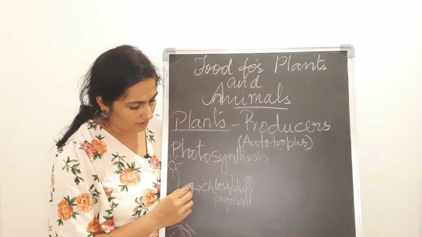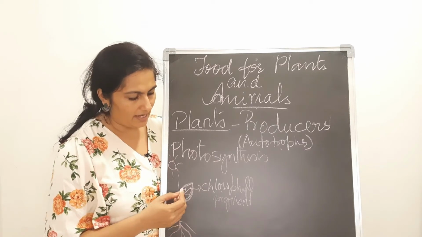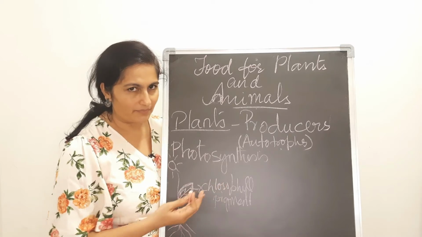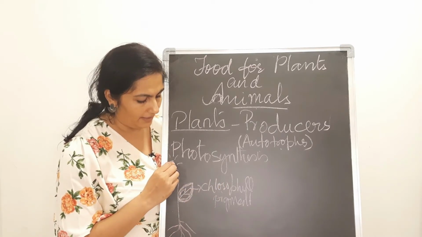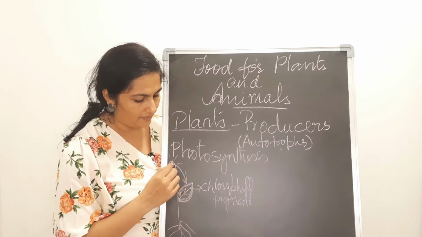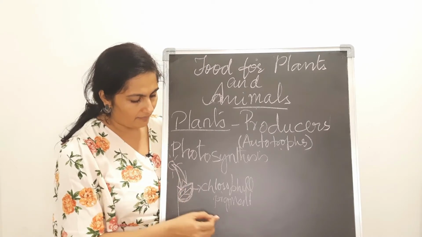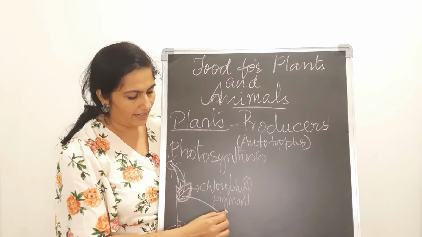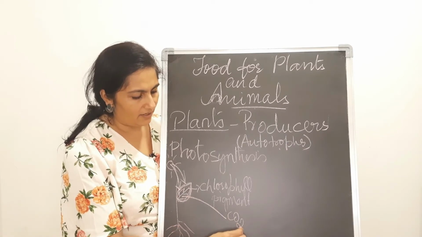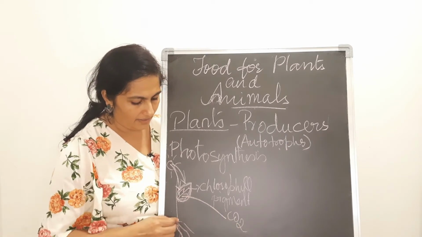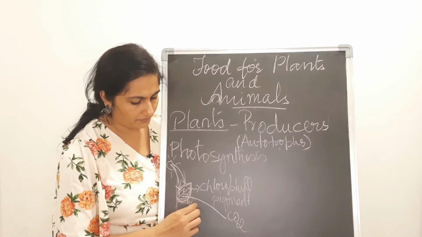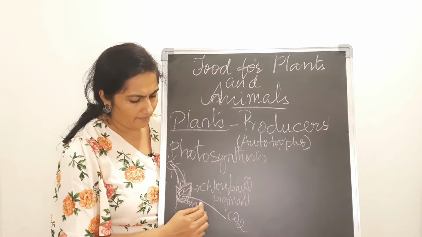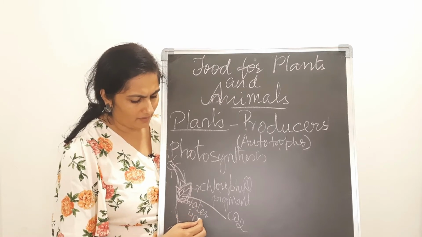All right, so the leaves have chlorophyll pigment, and this leaf will trap the energy and the light from the sun, and from the atmospheric air it takes the carbon dioxide, and then from the roots and stem it gets the water and nutrients.